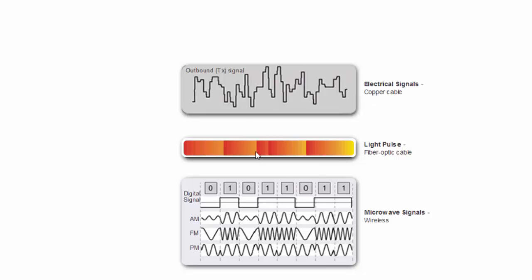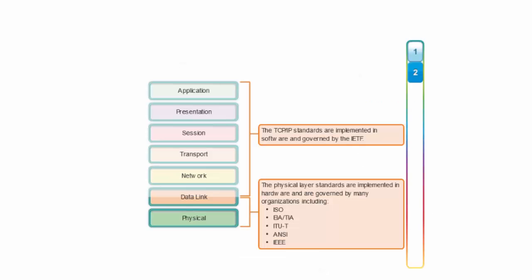And we have light pulses, so the signal can travel through the medium in the form of a light pulse, and that's used for fiber optic cables. And of course, for wireless, the signal can travel through the air using microwave signals. And for wireless, of course, we will talk about what AM and FM and PM mean, basically changing the amplitude of the signal or the frequency of the signal or the phase of the signal, as we will talk later.